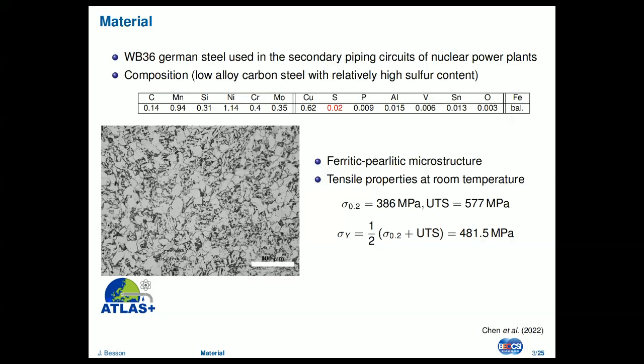So the material is not very modern, some kind of material from the 80s, which was representative of a nuclear reactor operating in Europe. So as you see, there's a ferritic microstructure. And here I gave you just the properties at room temperature.